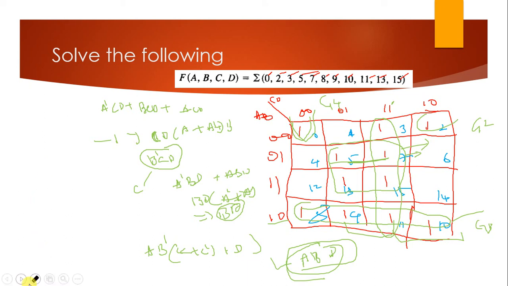The folded quad. In order to make the folded quad, first you consider these 2 things, that is A dash B dash.